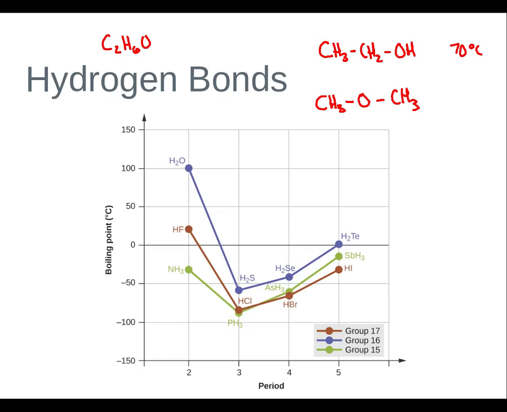Carburetor cleaner, which hardly anybody's familiar with, is definitely going to come out as a spray. It's a gas. It turns out the boiling point of dimethyl ether is around negative 20 degrees Celsius. So, a drastic difference. They're both polar molecules, but the fact that this one has an OH drastically shoots up its boiling point and melting point for that matter too.